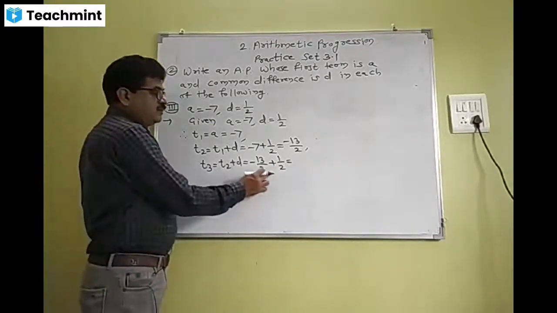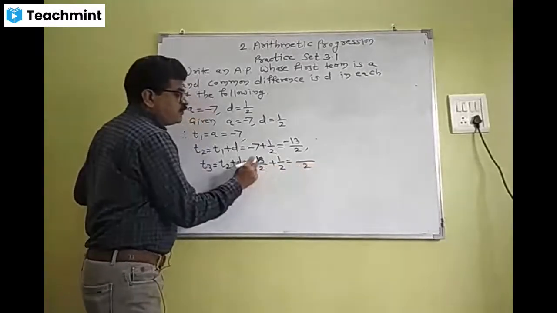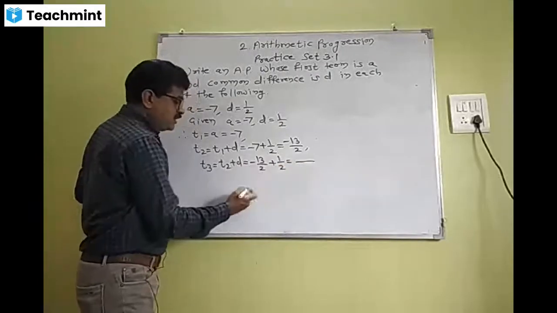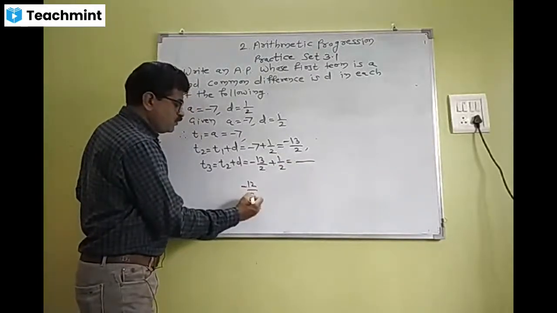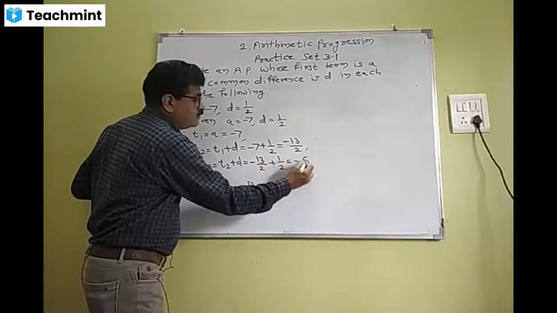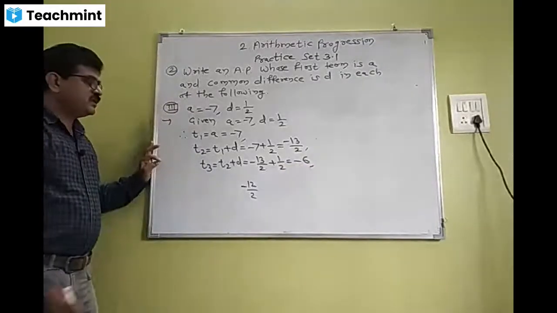LCM is 2, therefore minus 13 plus 1 directly, minus 12 upon 2, that is equal to minus 6.